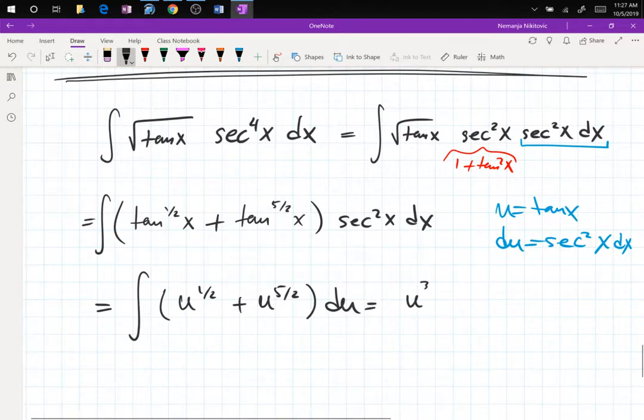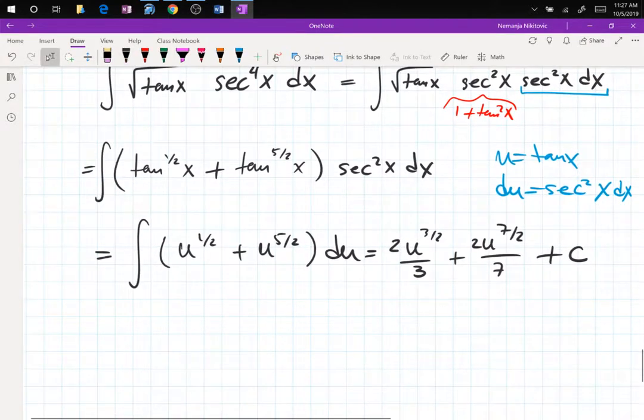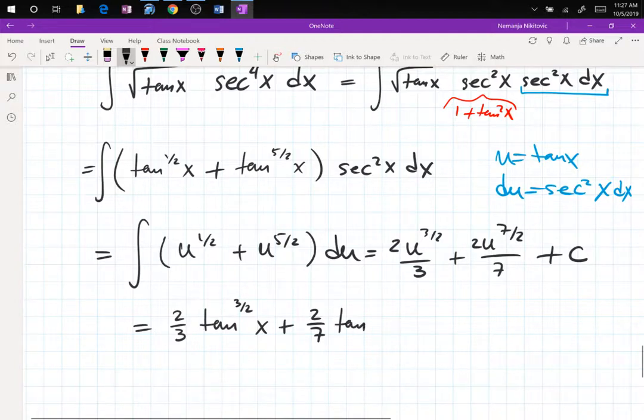U to the 3/2 over 3/2 plus u to the 7/2 over 7/2 plus c, and that will be 2/3 tangent 3/2 x plus 2/7 tangent 7/2 x plus c.